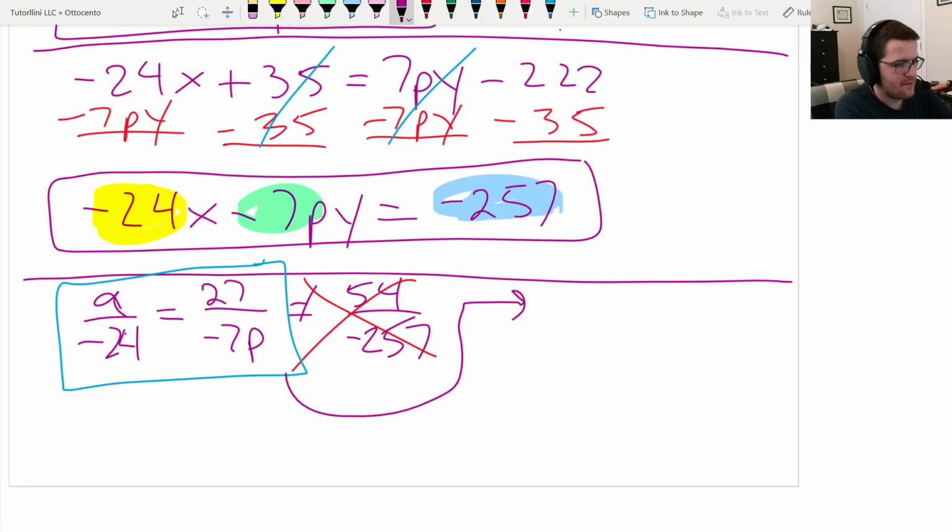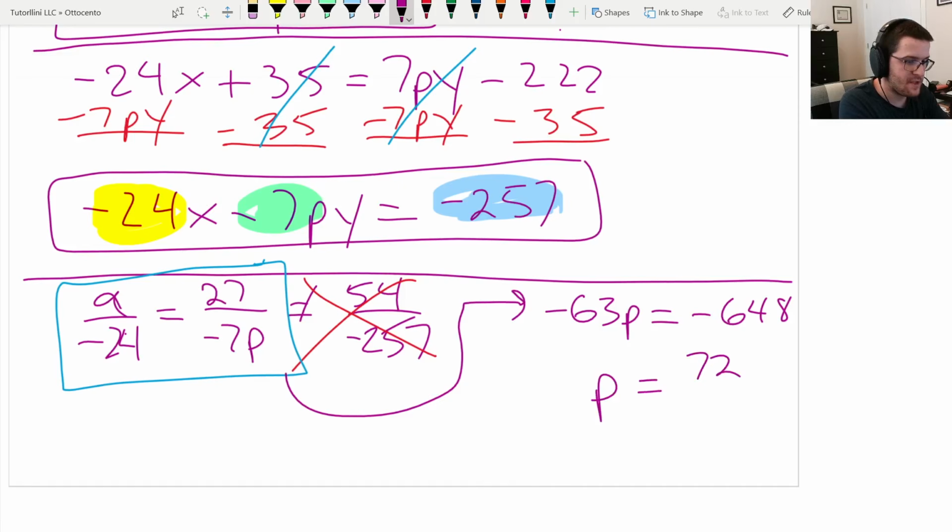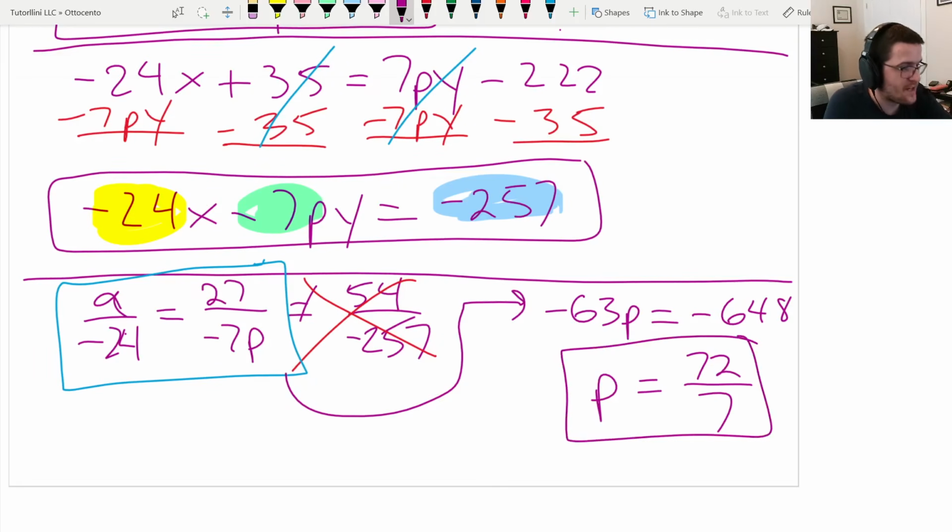So 9 times negative 7p, that's negative 63p. And that's equal to negative 648. I'm going to divide both sides by negative 63. And I should get p is equal to 72 over 7. And I'm just going to really, really hope that that is correct so I don't have to do this again.